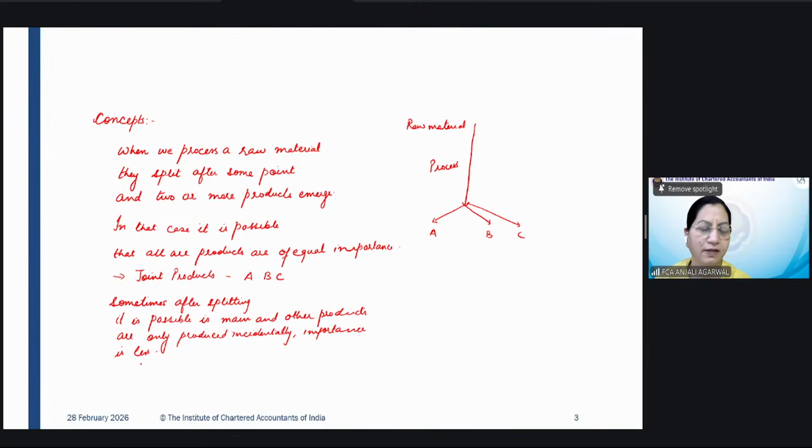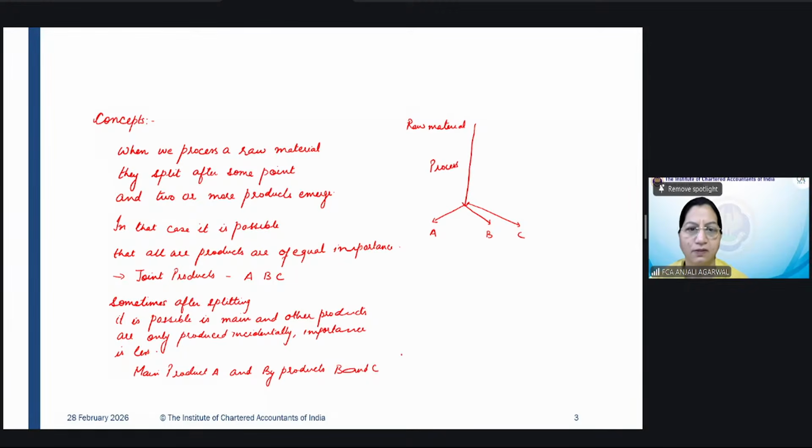Then we say that we have one main product, let's say main product A, and byproducts B and C.